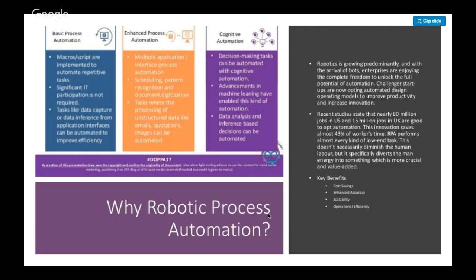This is one of the biggest challenges that happens with basic process automation. After this comes the concept of enhanced process automation. Enhanced process automation is where RPA tools like UiPath, Blue Prism or Automation Anywhere come into the picture, where you define the process using these tools, and then you can publish it to an RPA server, and these RPA servers in turn manage a set of robots which are running on different servers.